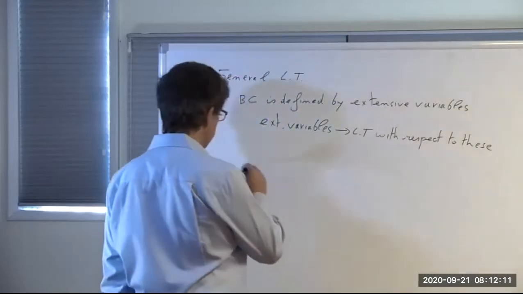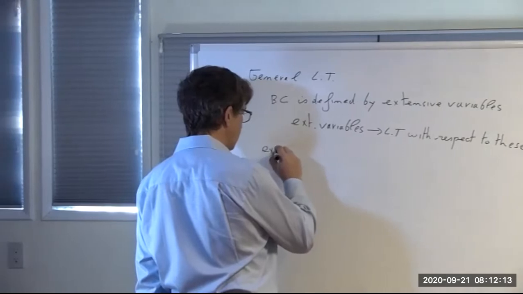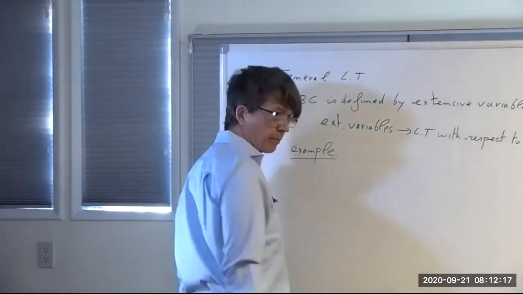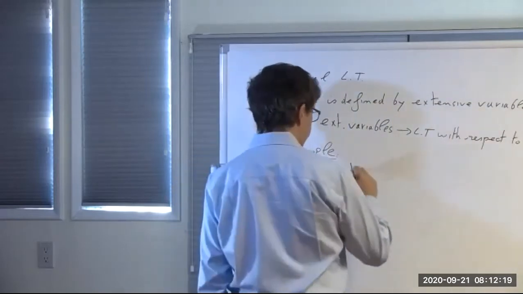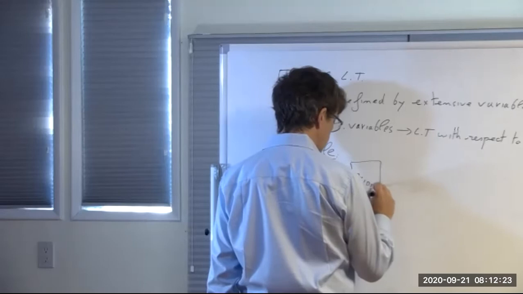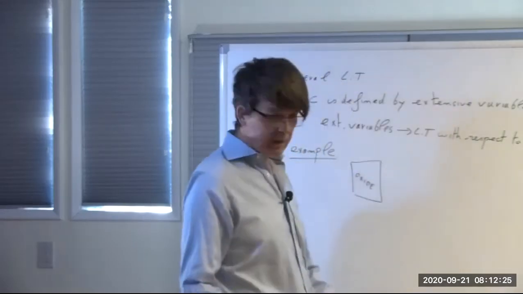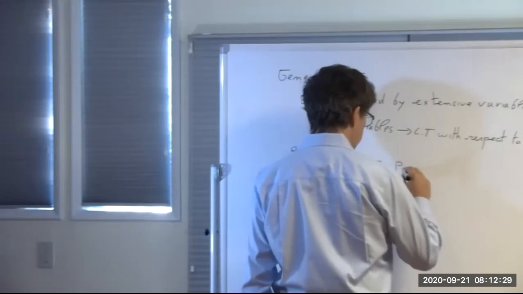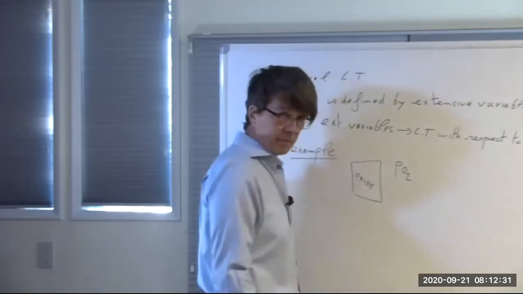So, for example, let's do an example of some Legendre transform that we have not done. Let's say I have a material that's an oxide, and I anneal it at very high temperature. So I would anneal it in some partial pressure of oxygen.